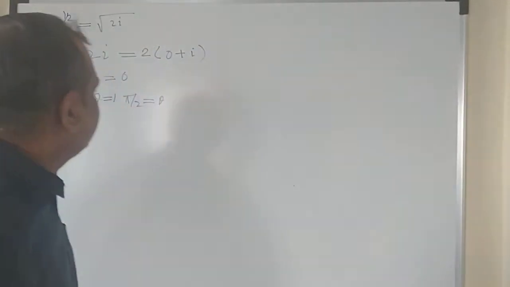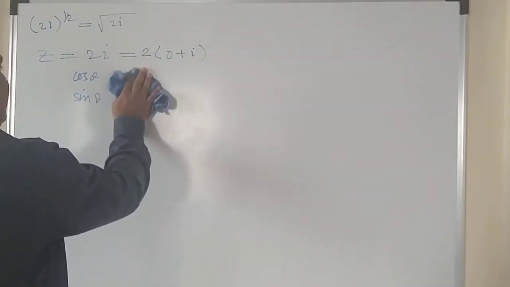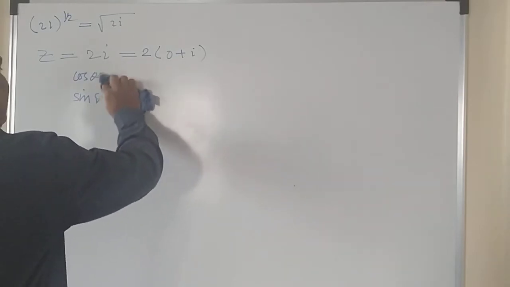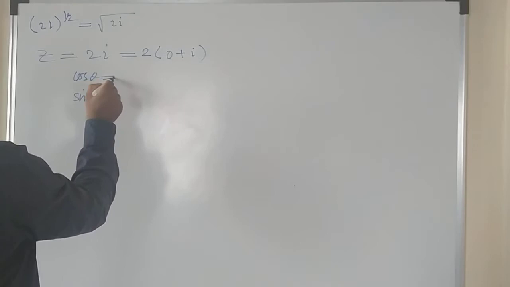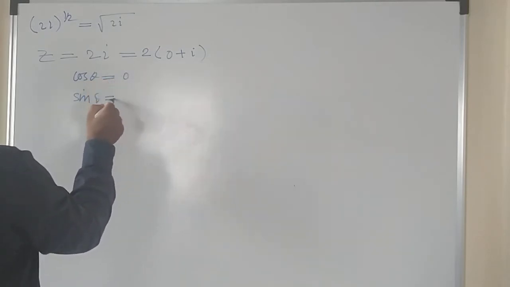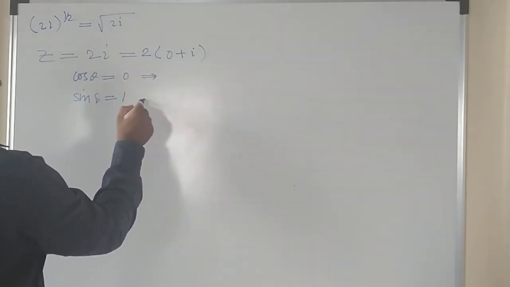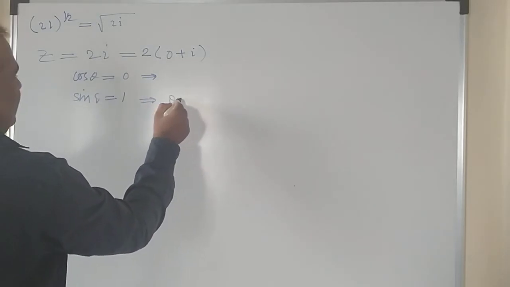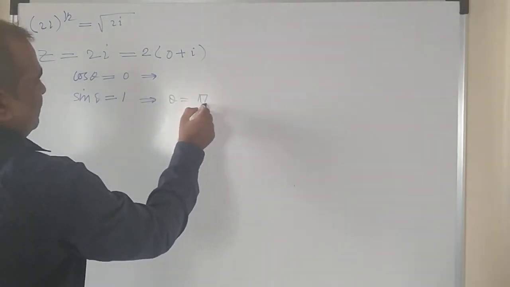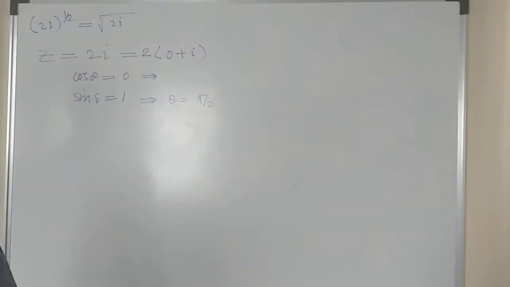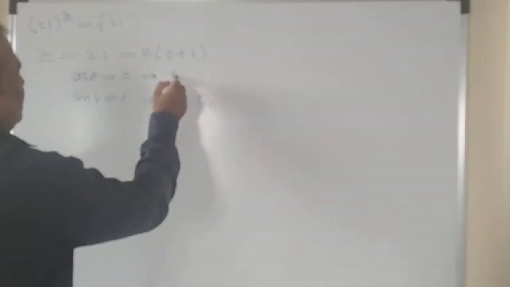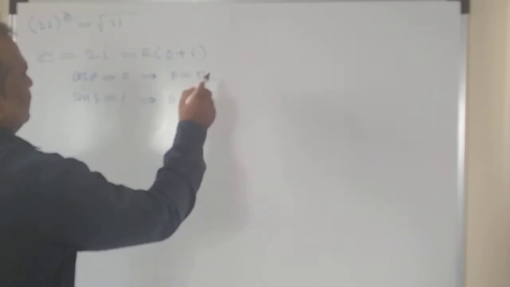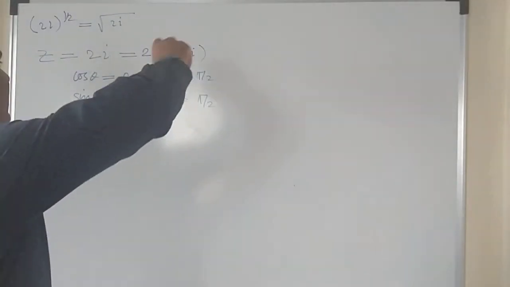Let me write it clearly so that you can understand it well. Here cos theta is equal to 0, sin theta is equal to 1. This implies that the value of theta must be pi by 2, because sin pi by 2 is equal to 1 and cos pi by 2 equals 0.